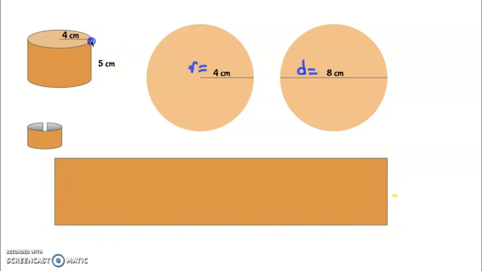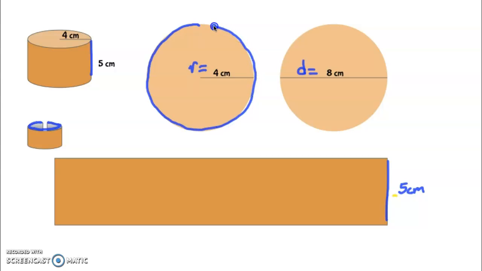So we could see that the height of the cylinder is the same as this height or width of the rectangle. So 5 centimeters here. But this distance is a bit of a mystery. There's nothing up here labeling that. But if we remember that this top edge of the rectangle used to be wrapped right around the circle, then we can remember that, hey, that's actually the circumference of the circle, and we know how to find that. So that circumference of the circle is the same as this distance right here.